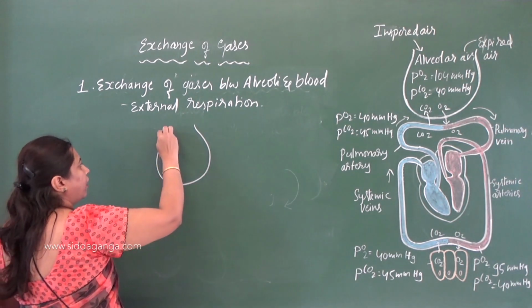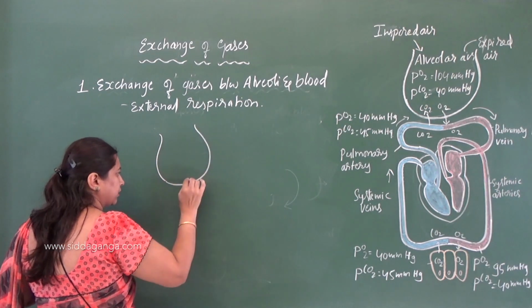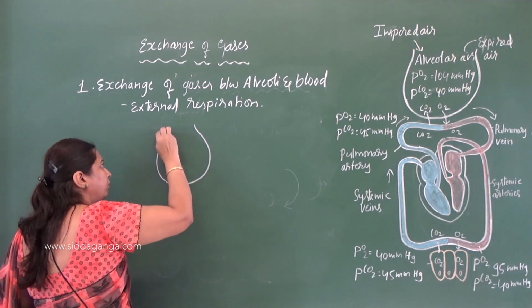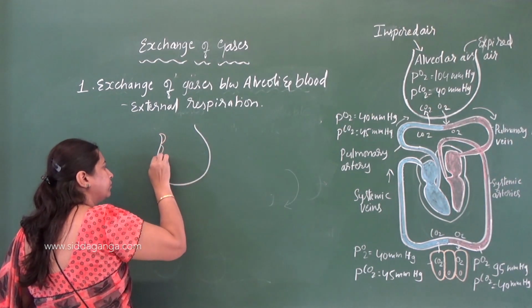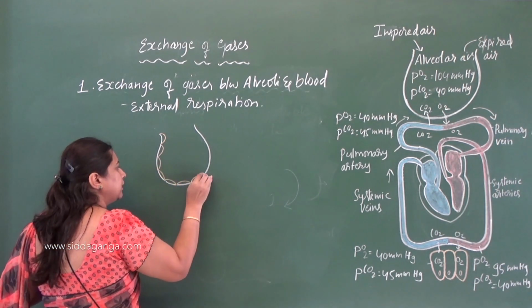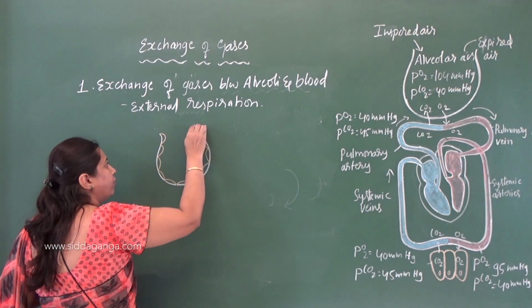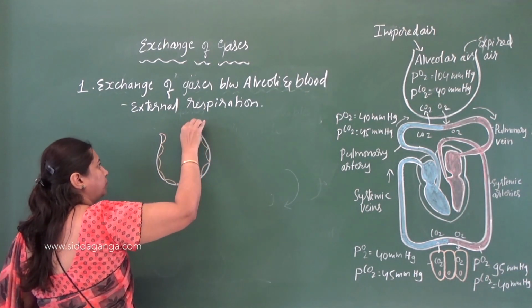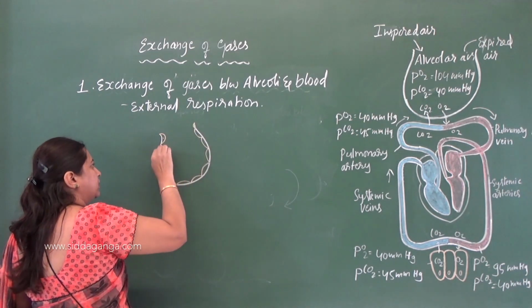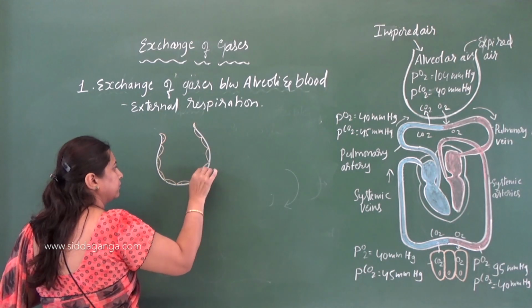The wall of the alveolus is made up of a single layer of squamous epithelium, a type of epithelial tissue. So these cells are the squamous epithelial cells.